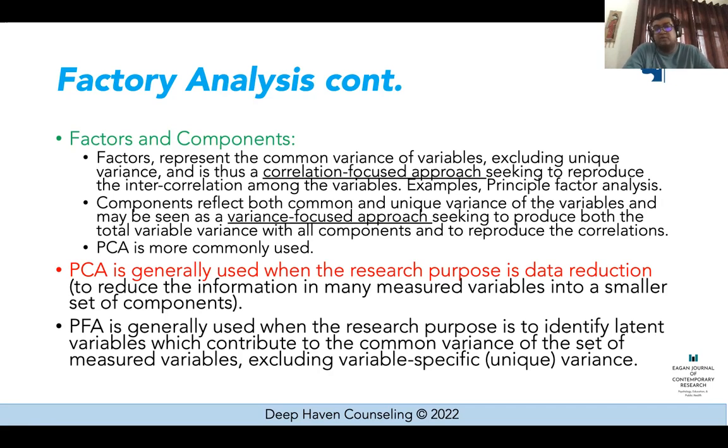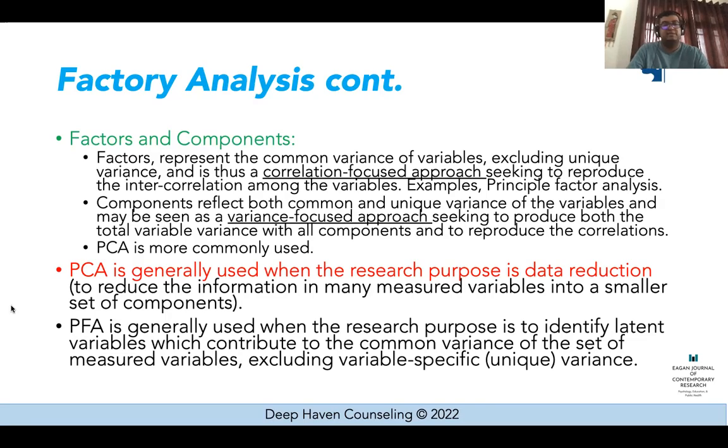And there's another one called principal factor analysis, PFA. Here it is generally used when the research purpose is to identify latent variables which contribute to the common variance of the set of measured variables, including variable specific unique variance.